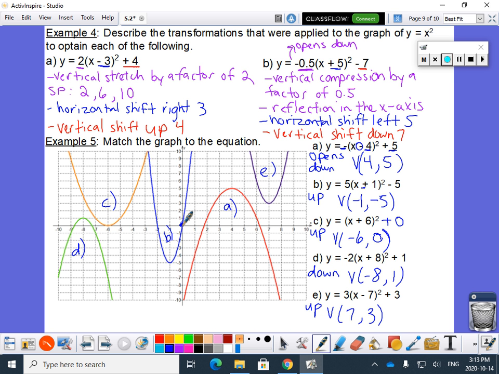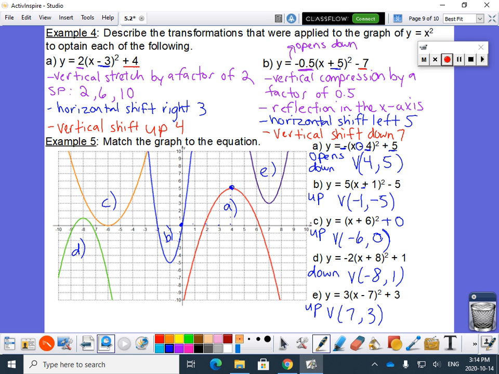And because the Q value is positive, it's going to move up 5 units. So if we were to go to the right 1, 2, 3, 4, and up 1, 2, 3, 4, 5, well, there is our vertex of A. Okay, so please keep in mind that there's also that method as well.